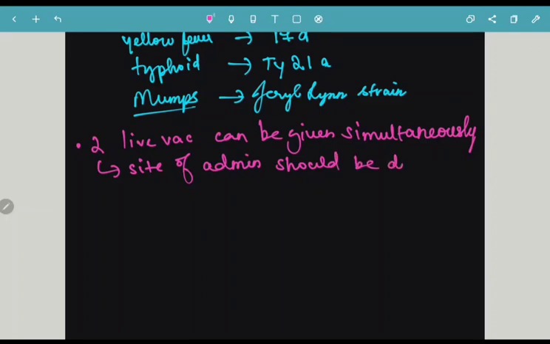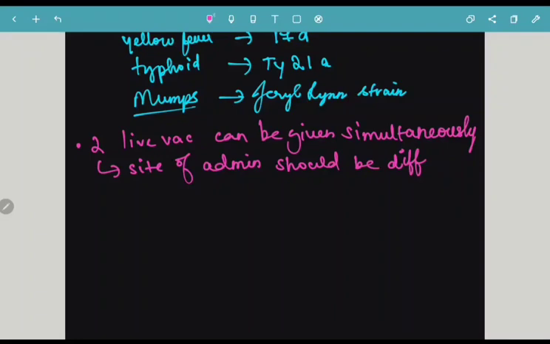Okay, that is if you're giving MMR vaccine as well as Japanese encephalitis vaccine together, so definitely one should be given in one site and another one should be given in a different site. So two live vaccines can be given simultaneously, but the site of administration should be different.